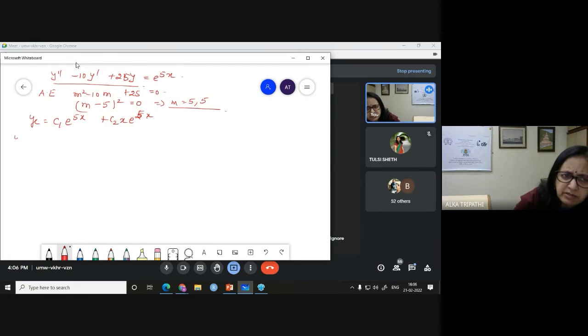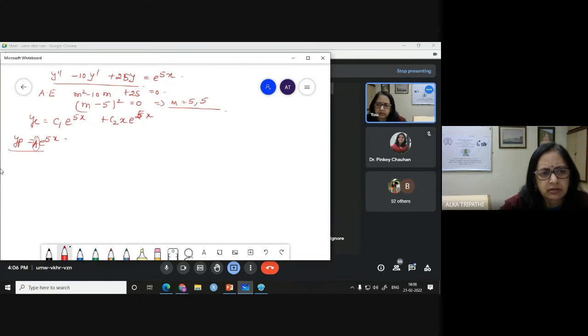If I consider my yp equal to a e to the power 5x, what will happen once we have the value of a? Because c1 e to the power 5x is there in my yc, it will get combined, and c1 is an arbitrary constant. Say suppose a is 5.